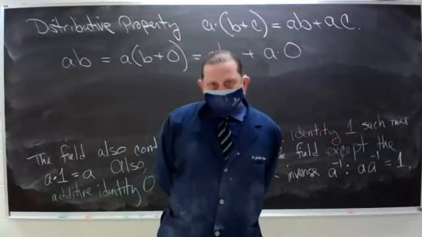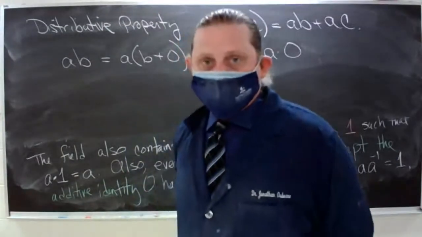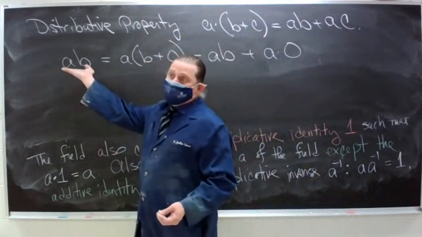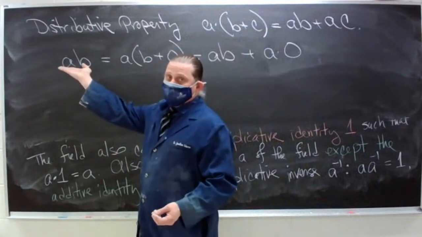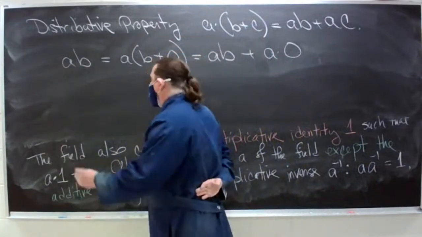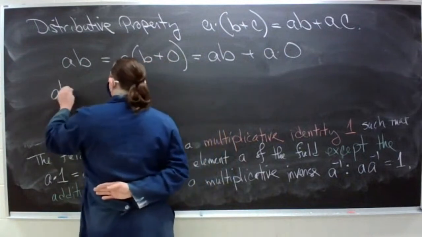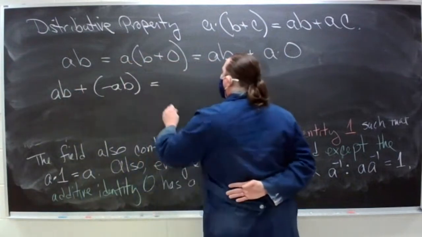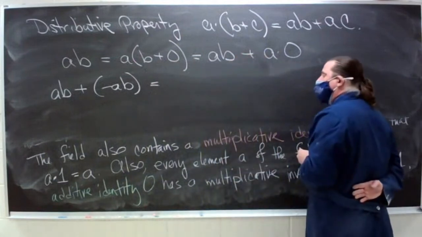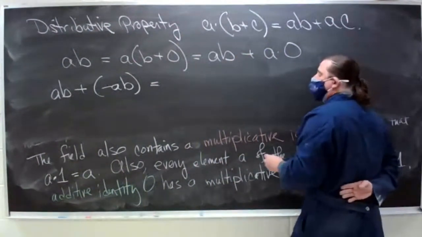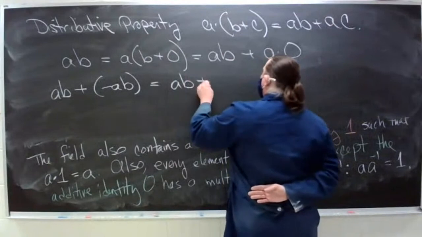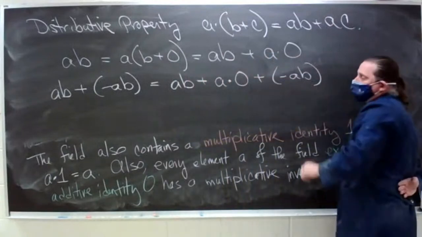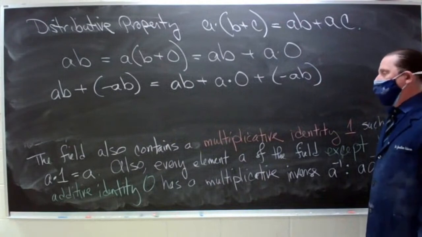Every element of the field has an additive inverse. In particular, AB has an additive inverse. So I'll add the additive inverse of AB to both sides of the equation. All right?